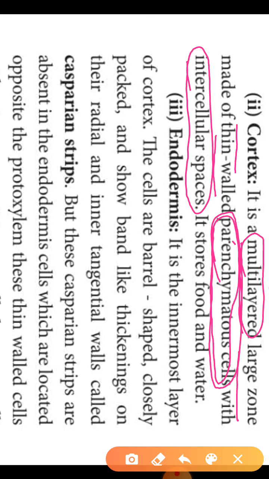This cortex stores what? Food and water. My dear, this is an important 2 mark question.